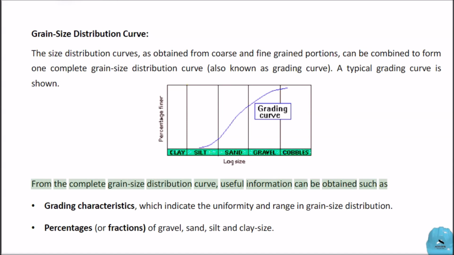From the complete grain size distribution curve, useful information can be obtained such as grading characteristics which indicate the uniformity and range in grain size distribution, and percentages, or fractions, of gravel, sand, silt, and clay size.